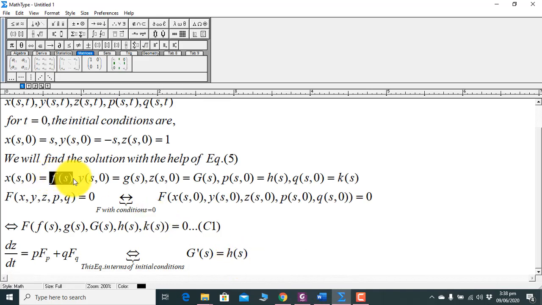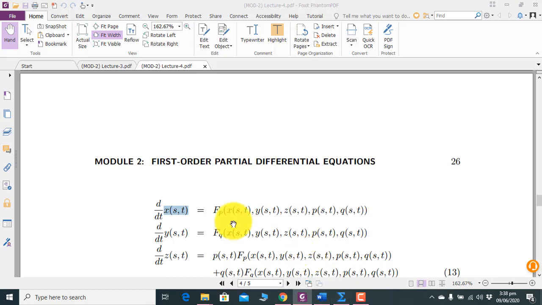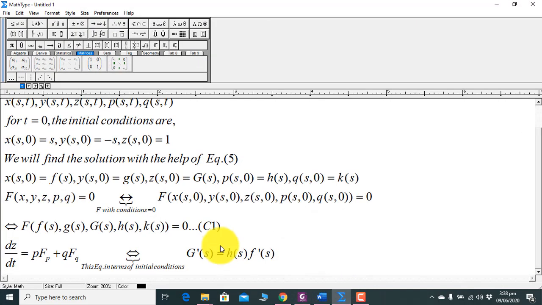But here it will not be f of s, it will be f prime of s, because fp is not equal to f of s, instead it is equal to the derivative. So in terms of conditions, fp will be the derivative of the condition of x. The condition of x is f, and the derivative will become f prime.